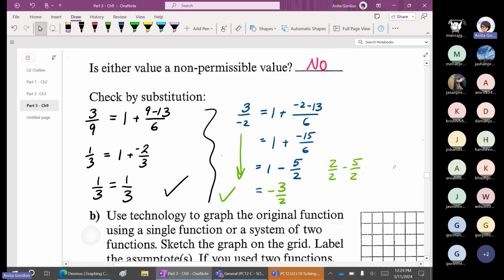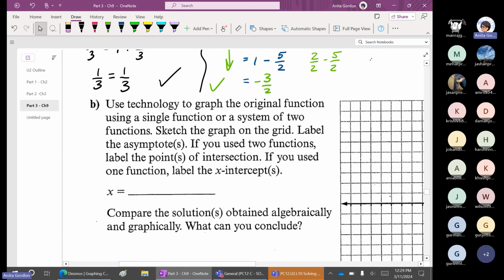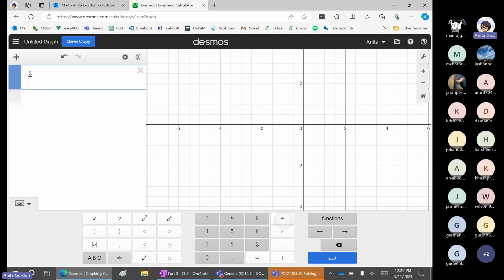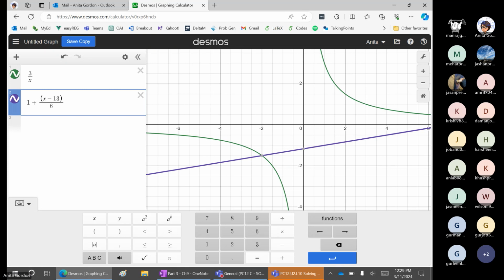All right, part B says, use technology to double check your work. So let's go back to Desmos. I'm going to write the left side on one line, 3 over x. The right side on the other, 1 plus bracket x minus 13 divided by 6.